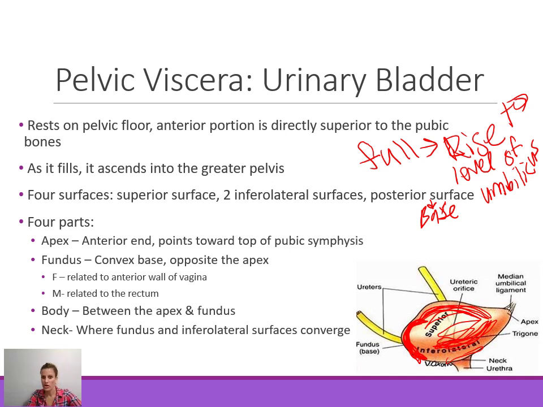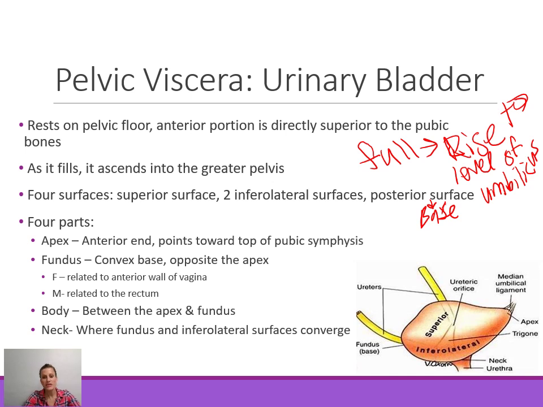The 4 parts of the urinary bladder include the apex, the fundus, the body, and the neck. The apex, which is traditionally a pointed end of the organ, is this anterior-most pointed portion of the urinary bladder.